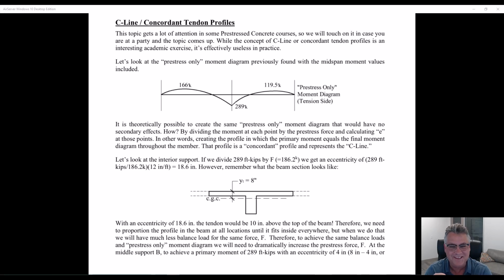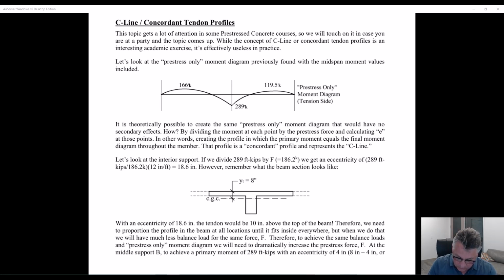Because they just taught weird things. But here's one of the weird things, and I may test you on this. This is not practical. We don't do it in practice, but it's a mental game. So it will show if you really understand pre-stressed concrete. So I may test you on that.